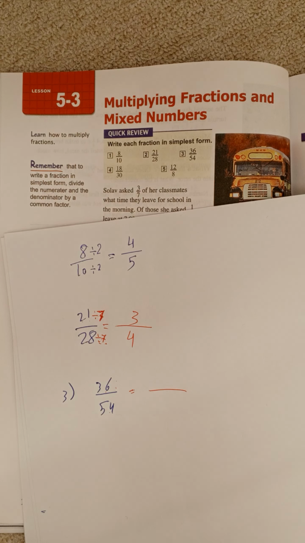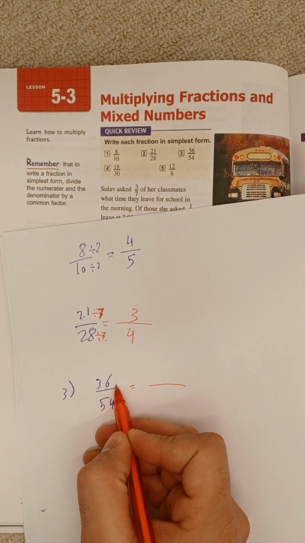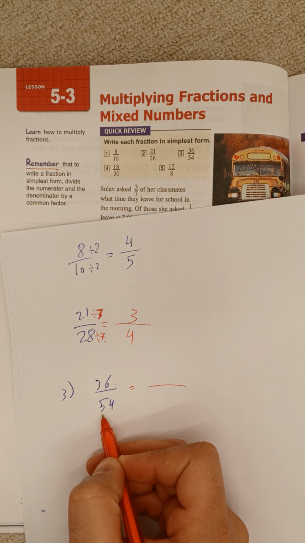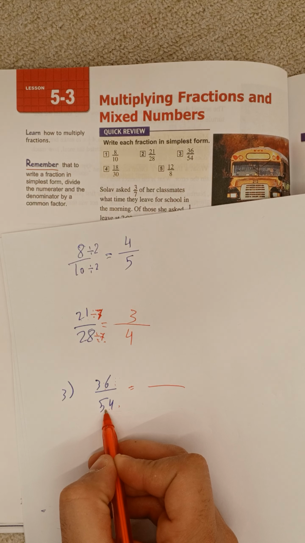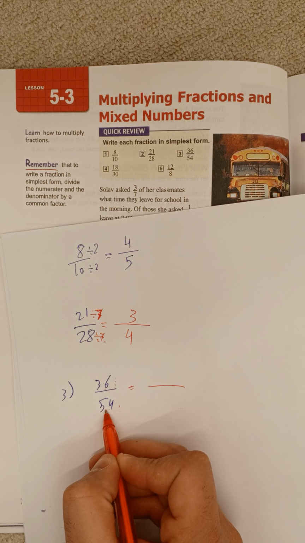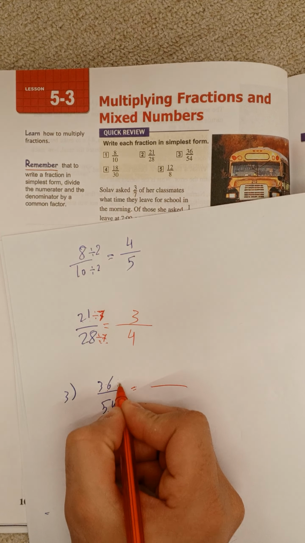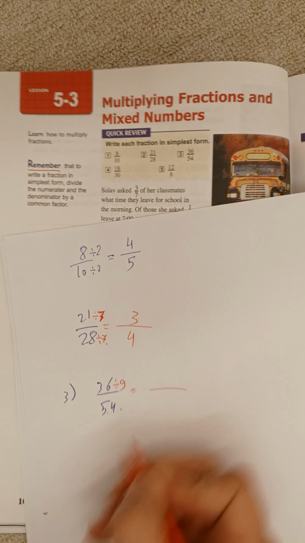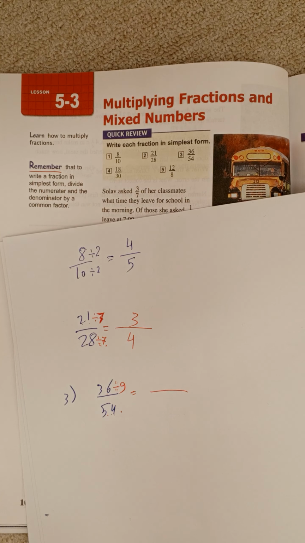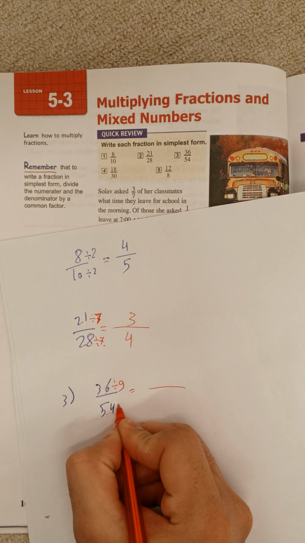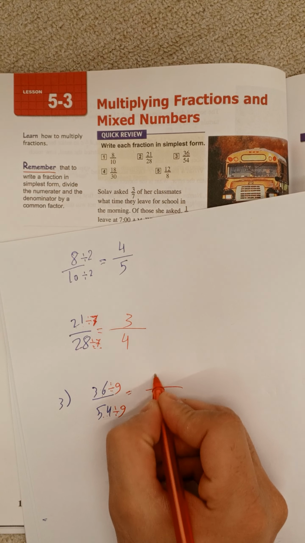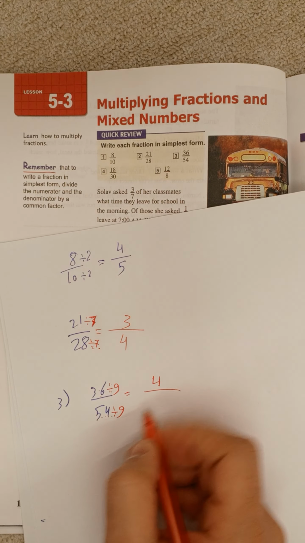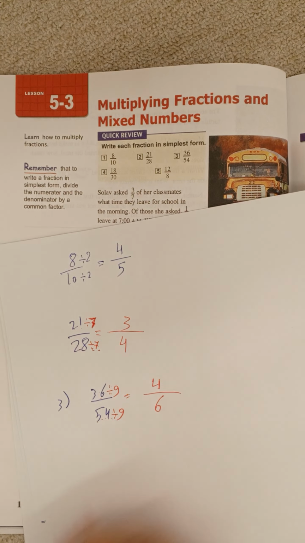Also 36 we can divide by 6, and this one by 6, because 6 times 6 is 36, and 6 times 9 is 54, right? Let's choose 9: 36 divided by 9, because 9 times 4 is 36, and 54 divided by 9, because 9 times 6 is 54.